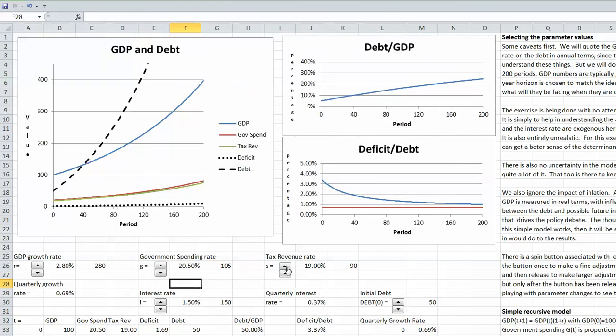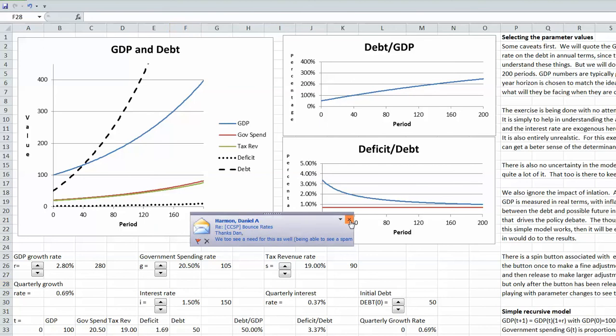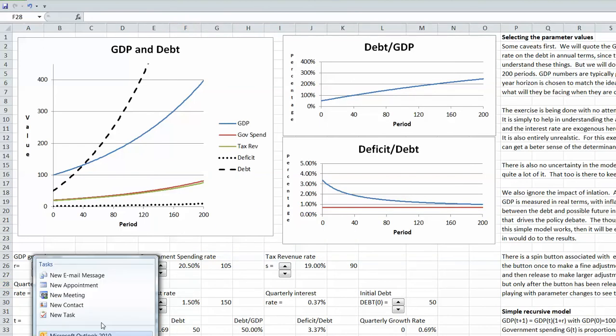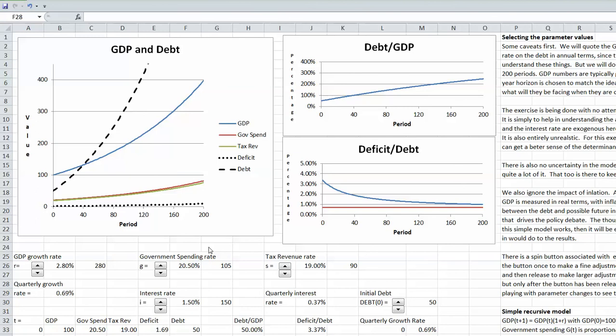But what I do want to say is that varying the tax or varying government spending have symmetric effects in the model. So those are, oops, let me close this, and in fact let me close my mail for a second so we don't have that interfere.